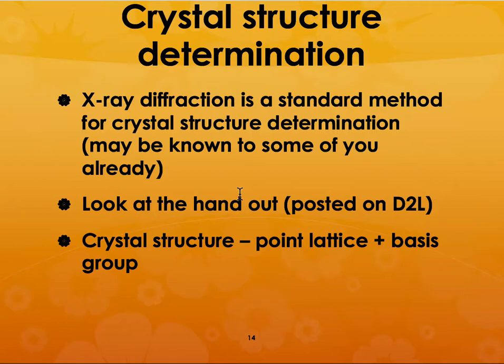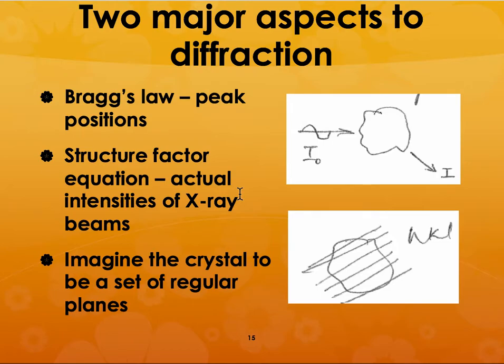And as I said to you before, the crystal structure is a combination of a point lattice and the basis group. So the two major aspects to diffraction are Bragg's law, which will give you the peak positions, and the structure factor equation, which is correlated to the actual intensities of the X-ray beams.